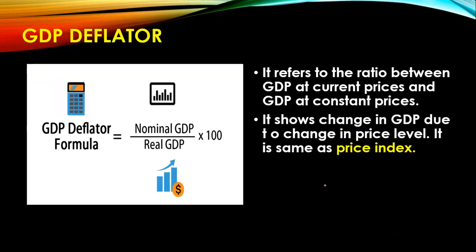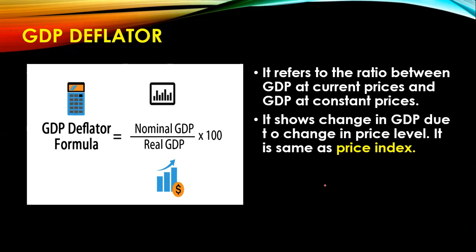Now, because nominal GDP reflects the rise in the price level, we need to nullify it and see the actual rise. That is known as the GDP deflator, given by the formula nominal upon real into 100. The GDP deflator is also known as a price index, which you did in class 11, index numbers.